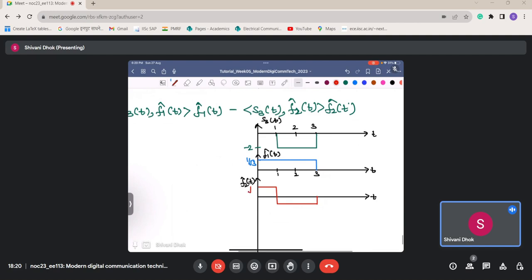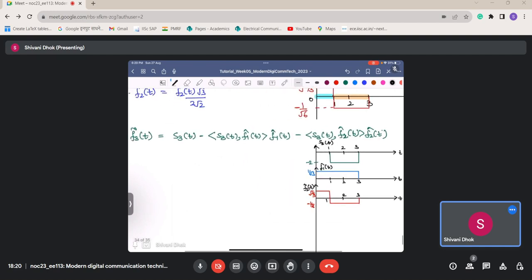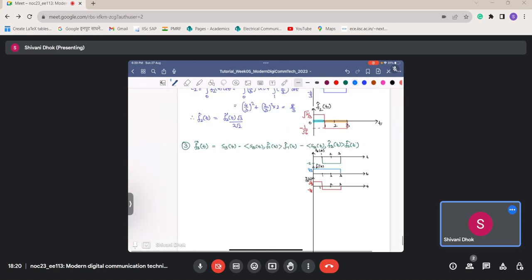So this is under root 2 by 3, and this is minus 1 by root 6 here. That is, this is 1, 2 and 3. Yeah, okay. So now let us find this.